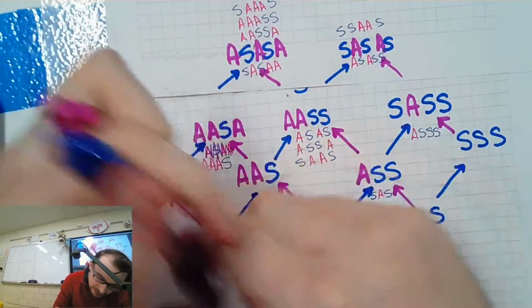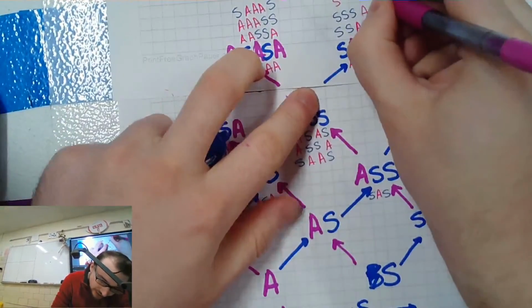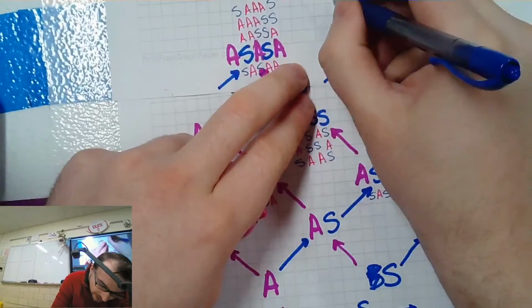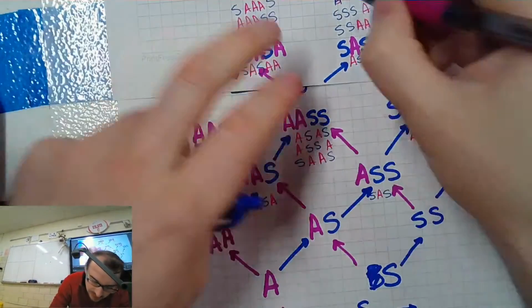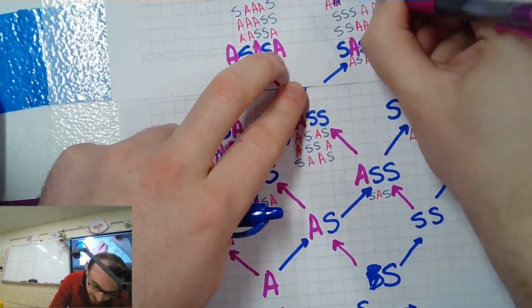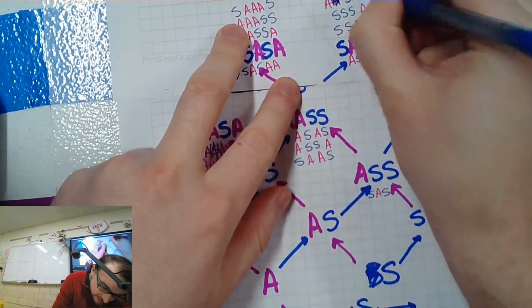I've got S, S, S and A, A. Ah! What am I doing here? My colors and letters get mixed up. I've got A and A, and then S, S, S. Scribble these out.